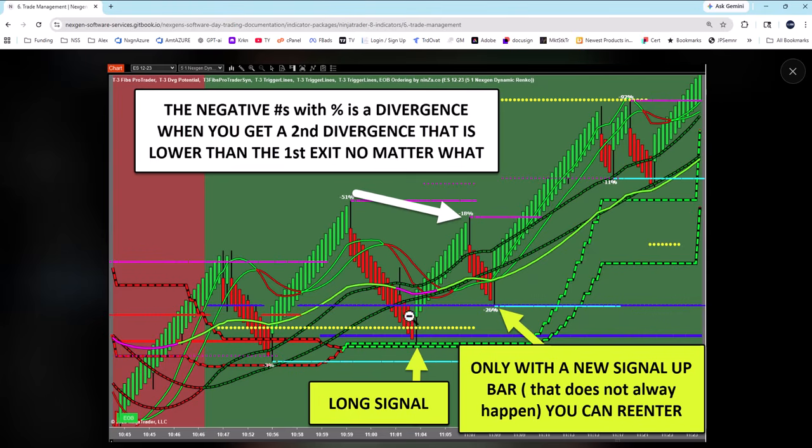Obviously, we've got a whole bunch of fibs here, and if you were discretionarily going long, you may click the button and say disable that lower divergence exit because I don't want to get out. If you do end up getting out, from where you got in on a reversal to out, probably just about a break even. And again, a new divergence with an up bar really is a great second chance opportunity.